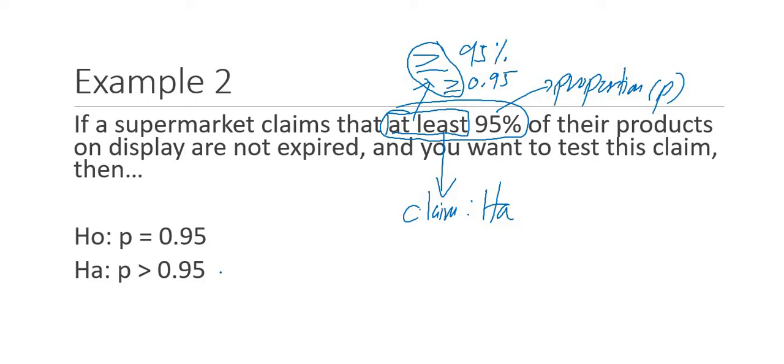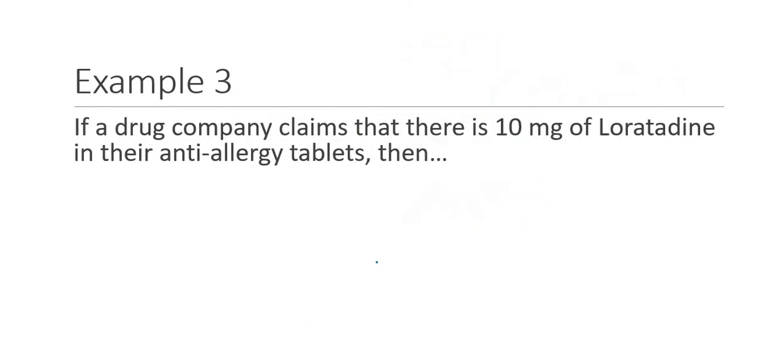And based on the direction, this is greater than, therefore this is a one-tail upper tail test. So again, you have to remember that even though the claim is at least or at most, since the equal part is part of the null hypothesis, we should not put it in the alternative hypothesis.